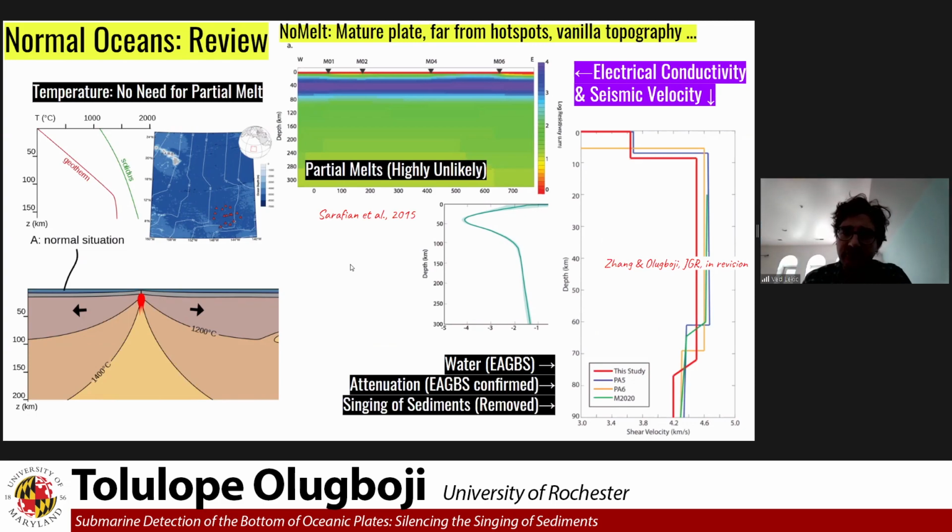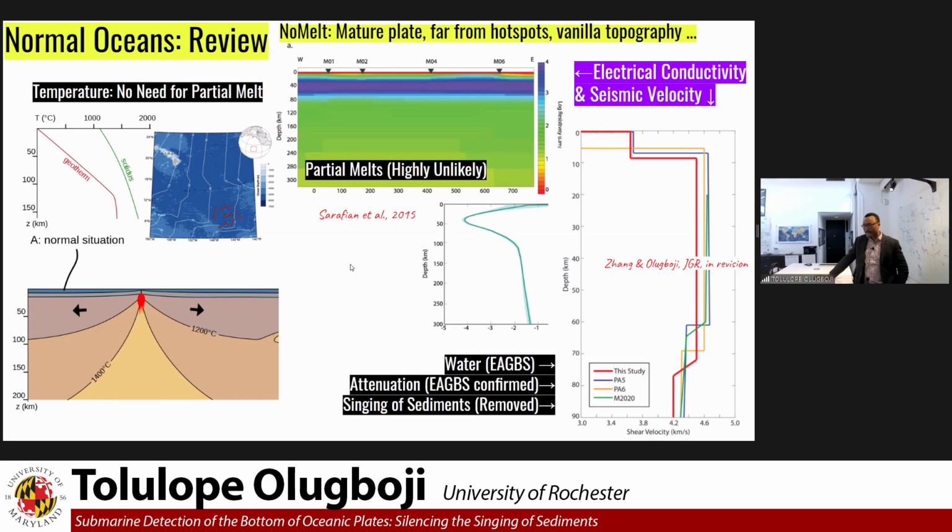Tolu, so the figure on the right, the red line is for your paper. How do you know the absolute Vs from this kind of stuff? We do not know. In all our studies, we have used a priori velocities, either from previous work, from PREM, or from ambient noise surface wave results, average shear wave velocities published.